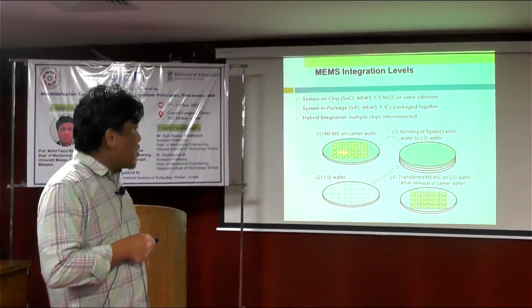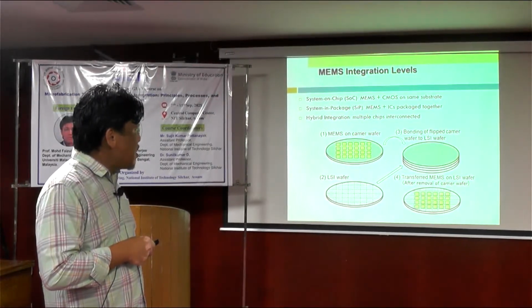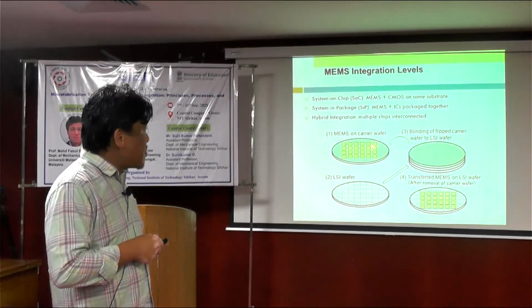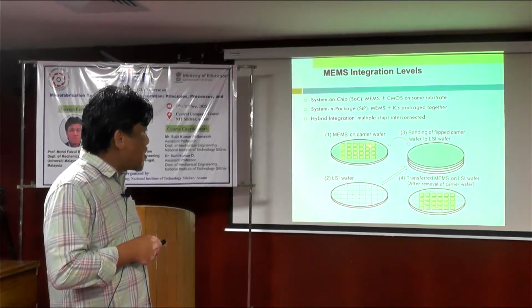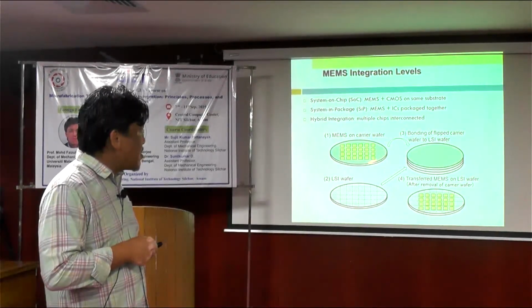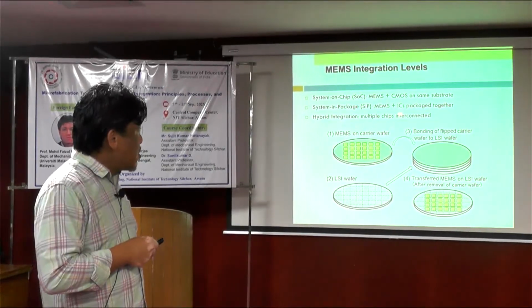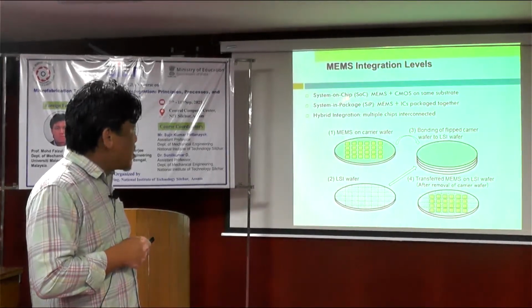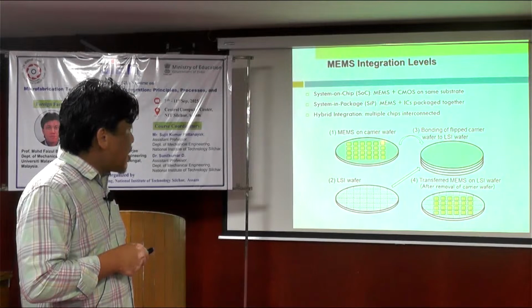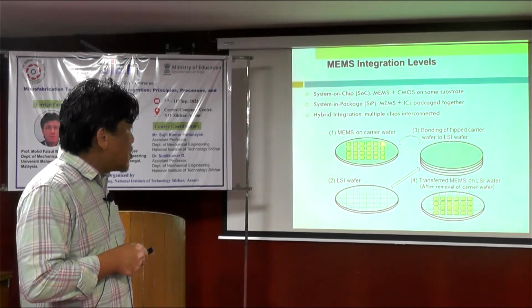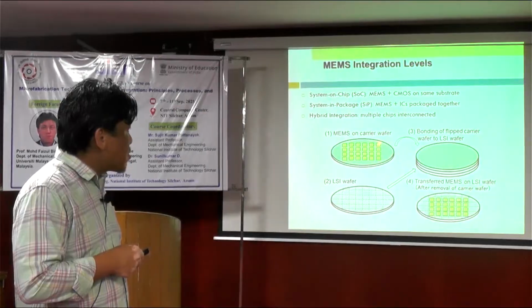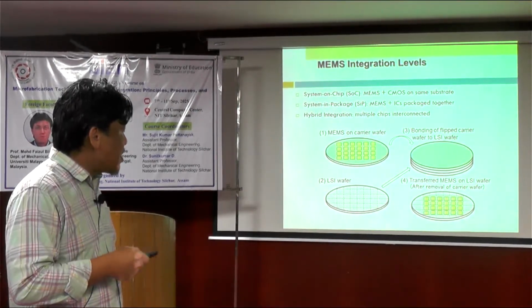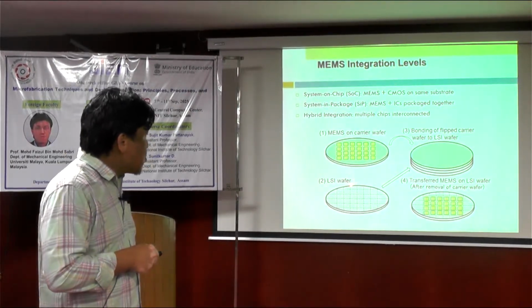You need a wafer to process the MEMS. Then we design the MEMS devices or chips on one silicon wafer. So in the case of a system on chip, we might design from the beginning that these MEMS devices also come with a CMOS or IC integrated.